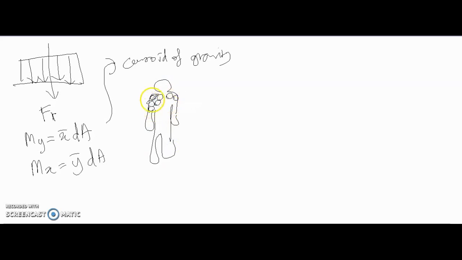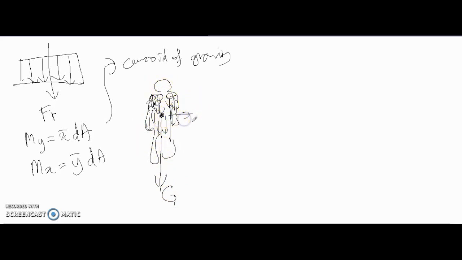Each of the particles is exerted with a gravitational force, which becomes one distributed force in your body. So this distributed force we can represent as one single gravitational force, which is G, and the location of G is at the center of your body, okay.